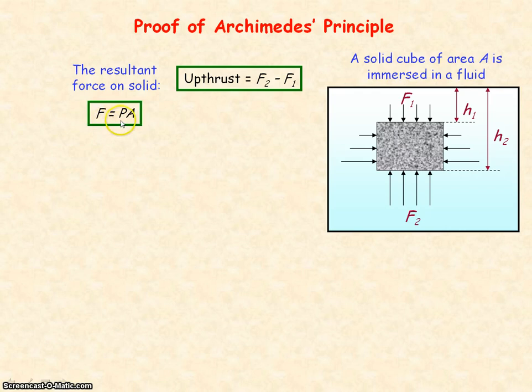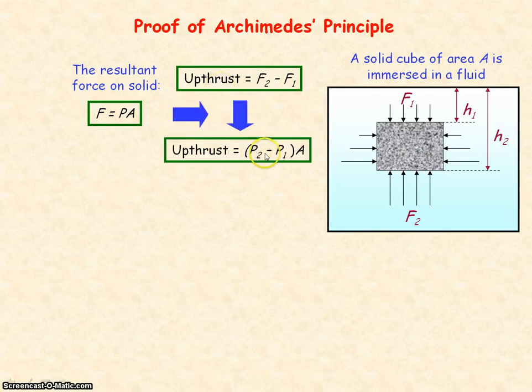So force equals the pressure times the area, the surface area that the force is acting on. So the upthrust will equal the pressure difference multiplied by the area of the lower surface or the upper surface of the object.